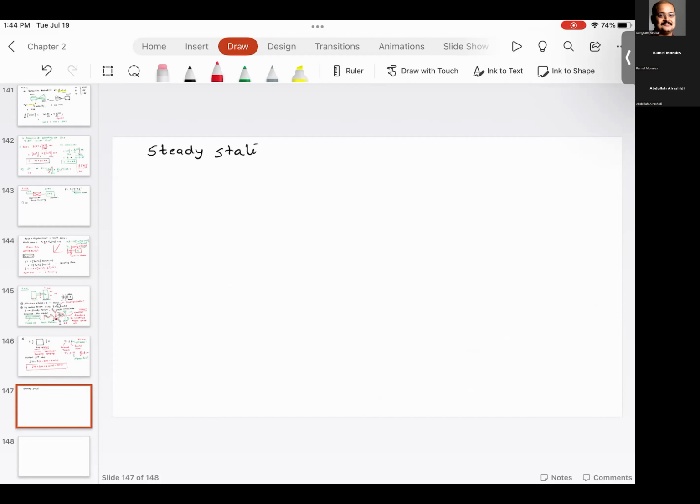At steady state, tau is equal to tau hat with sine omega t.